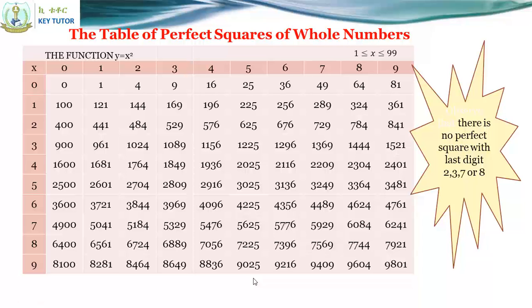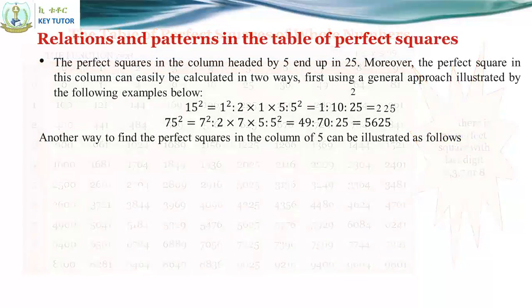It will lead you to a very important guess. Now let us focus on these relations. Focusing on these relations, say in the middle column, in the column of 5, we want to have more observation.